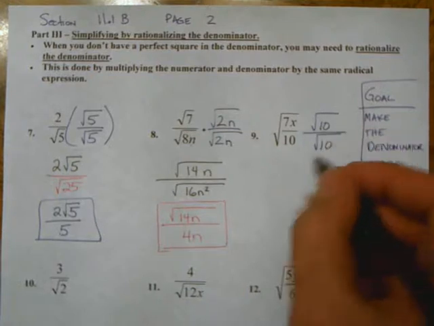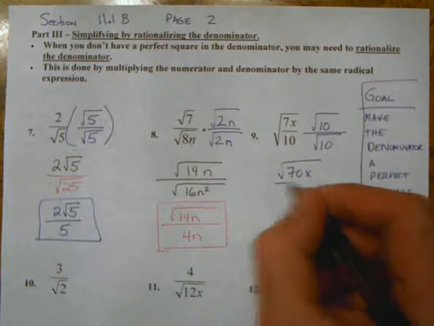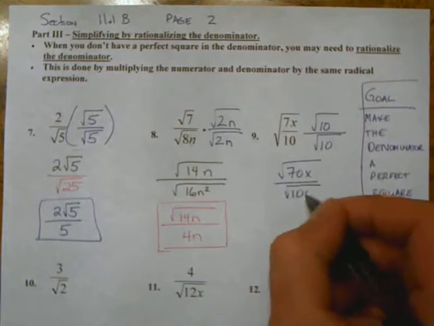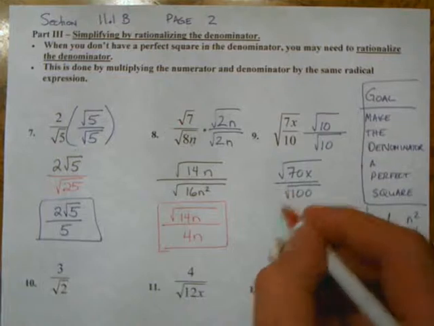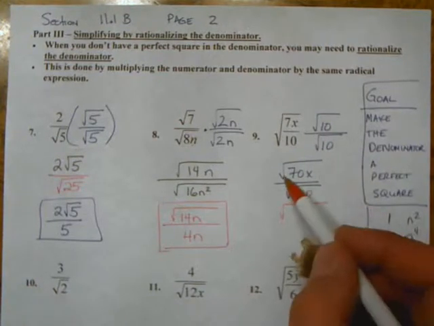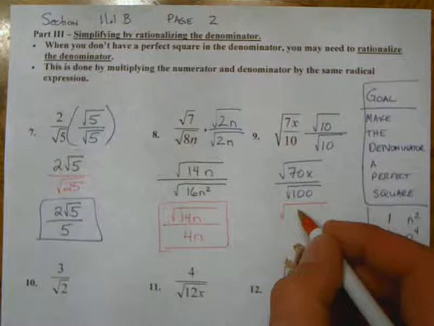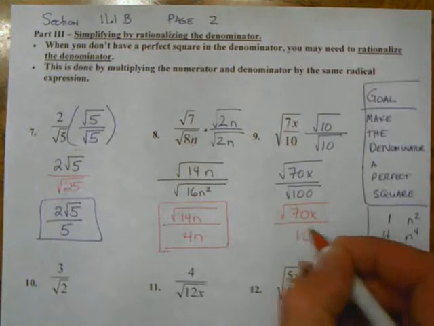Let's look at number 9. We have to think, 10 times what is a perfect square? Well, in this case, it's just 10 times 10, so we're going to multiply top and bottom by root 10. Our numerator becomes root 70x. Our denominator, the square root of 100. Does this simplify?